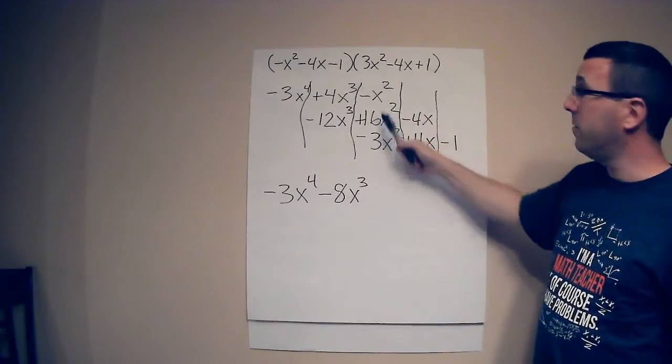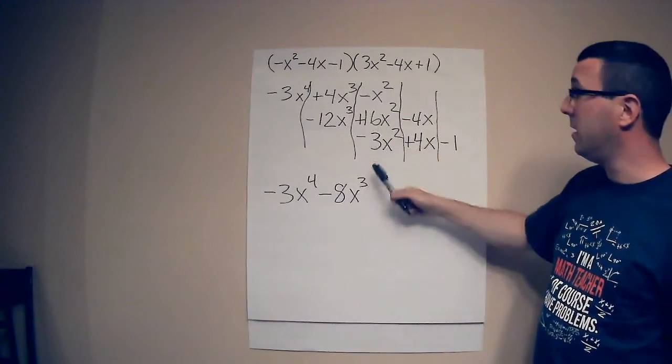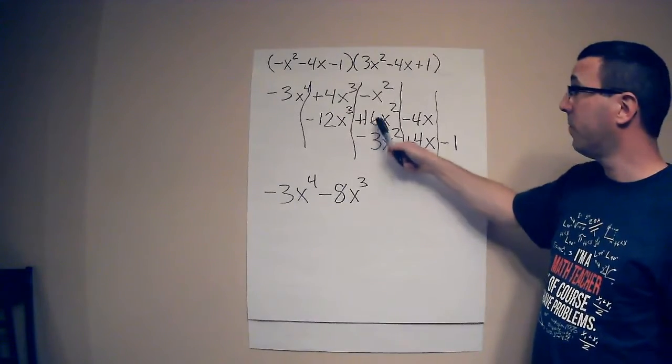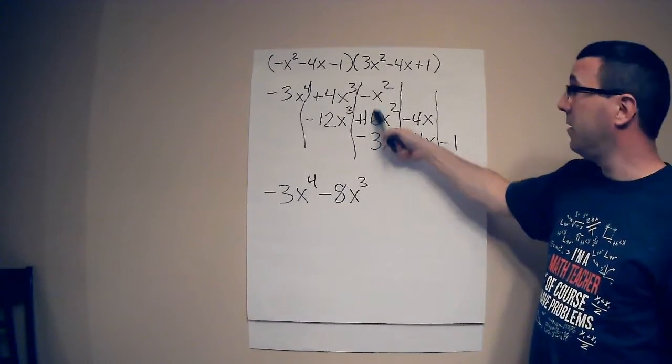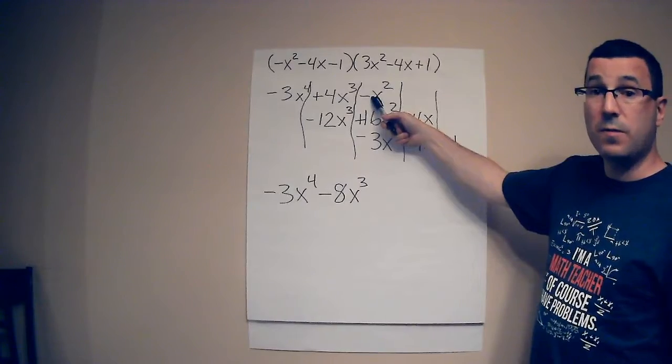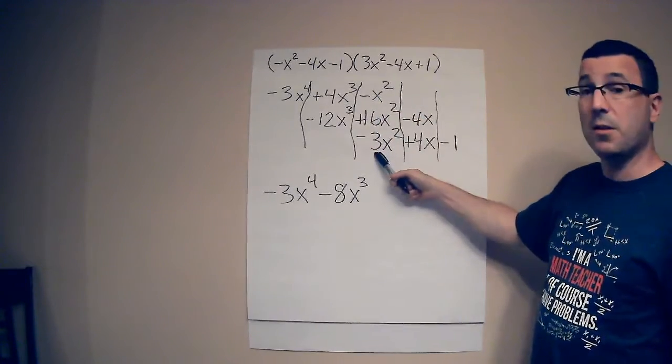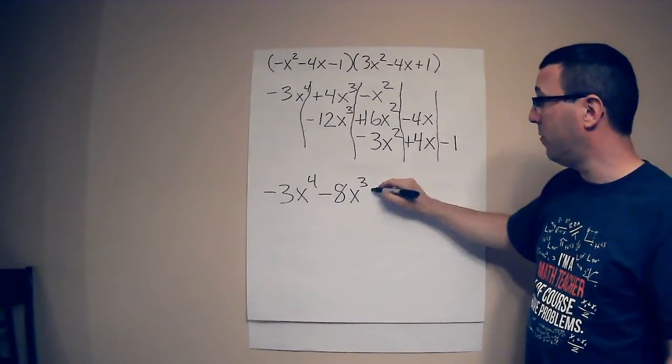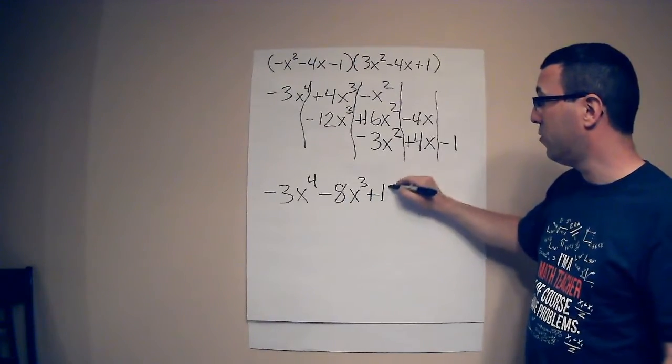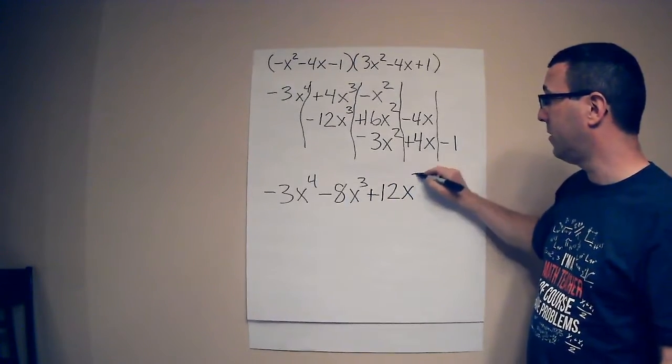Move on to the third column. That's a negative 1, that's a positive 16, that's a negative 3. 16 minus 1 is 15, minus another 3 is 12. So I'm going to have a plus 12x squared.